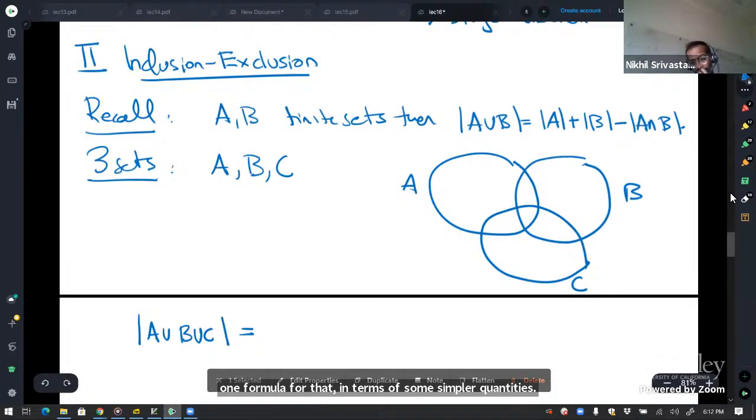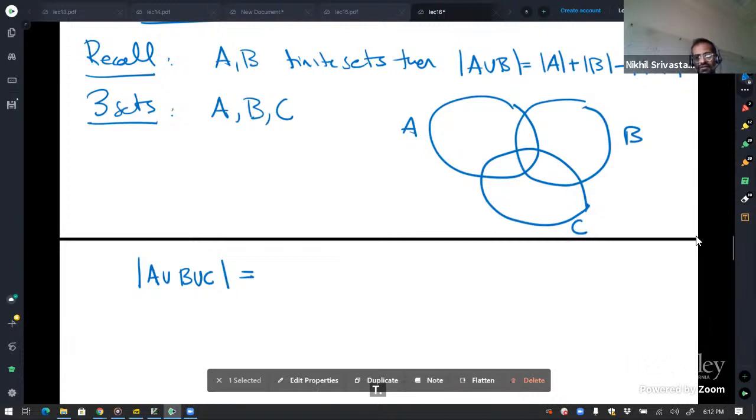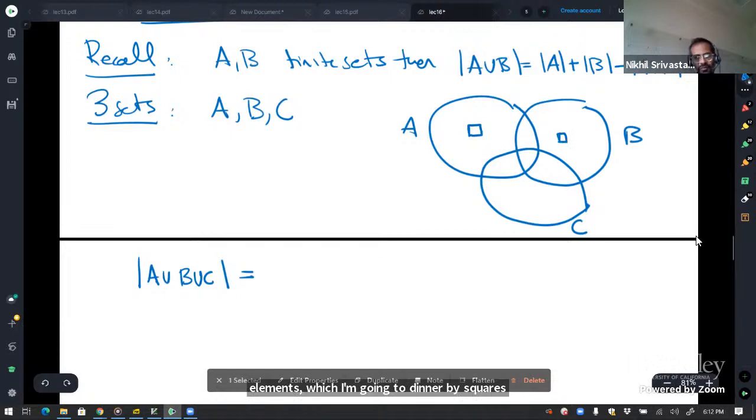So the key observation is that there are three kinds of elements in A union B union C. First, there are elements, which I'm going to denote by squares, which appear only in one of the sets.